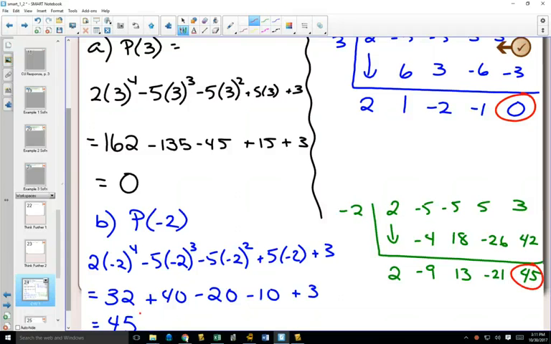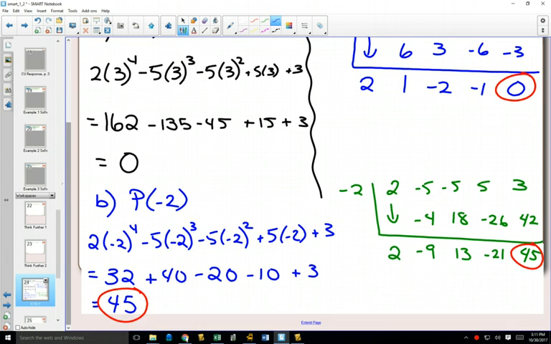And we got the same remainder. Second example, probably still like the synthetic division better. I mean, it got to some bigger numbers here, definitely some bigger numbers this time with synthetic division.